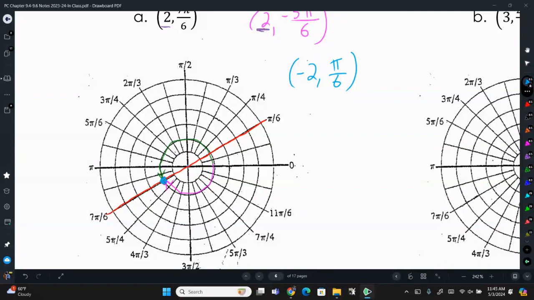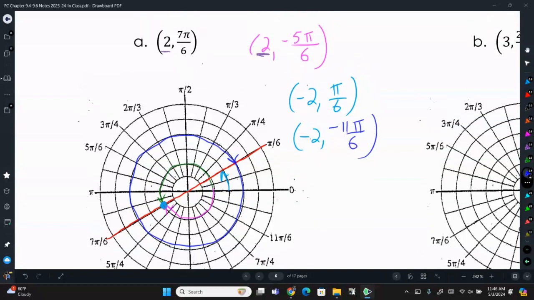It would land there. And then we could have negative 2 comma, instead of going pi over 6 units this way, we could go negative in this direction, and that would be negative 11 pi over 6.